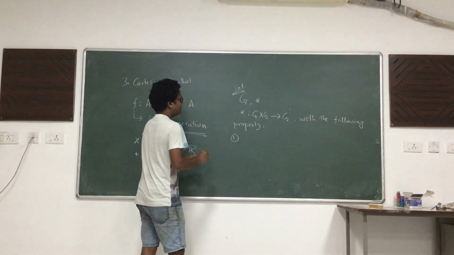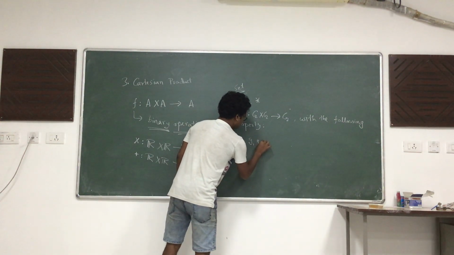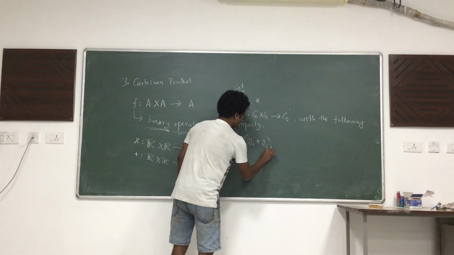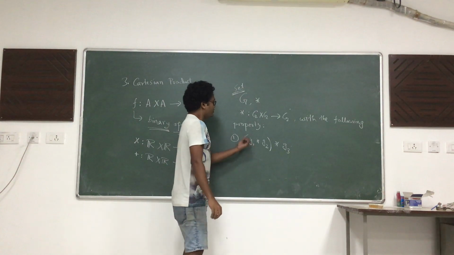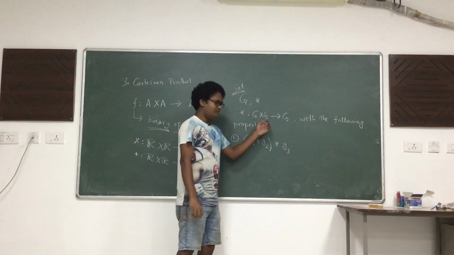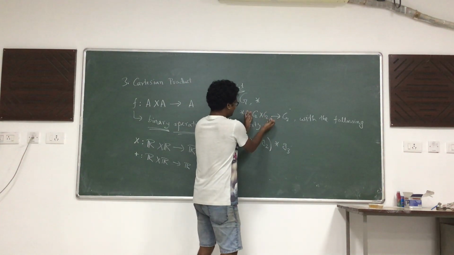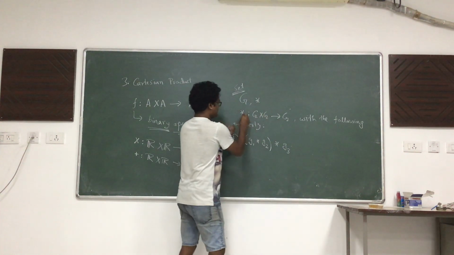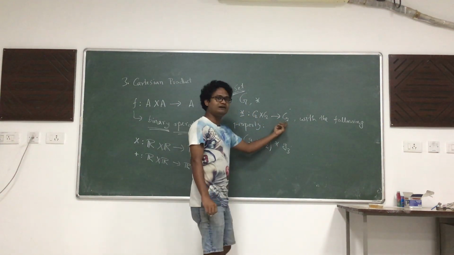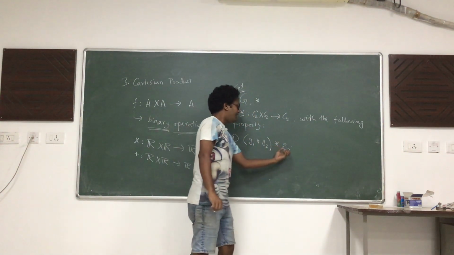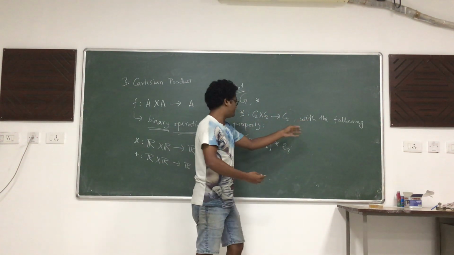First, let's say G1 times G2. Once this is defined, we can always take another Cartesian product, because first we can act this binary operation on two objects from this set. I'll get another object, and I take that object and another object from the same set, and I'll get another object from the set.